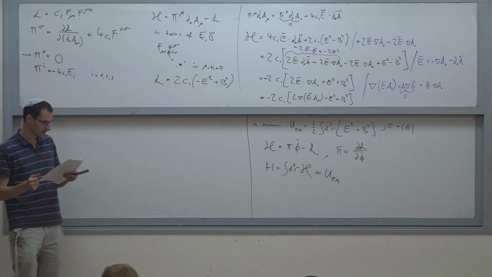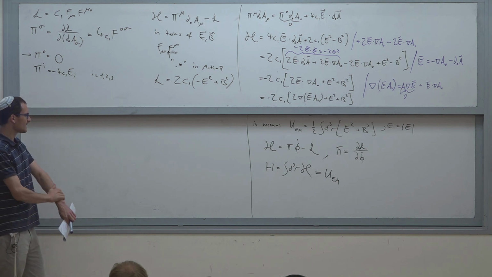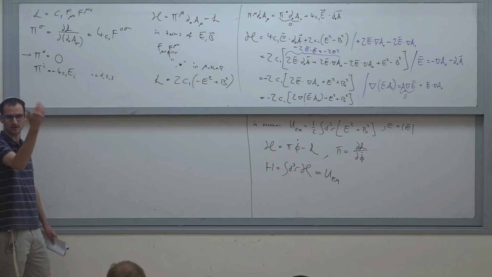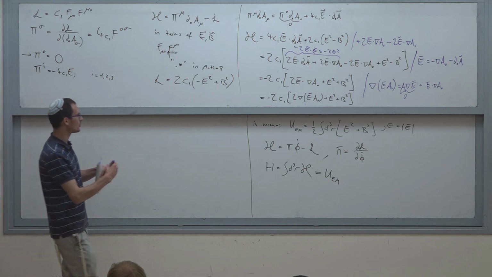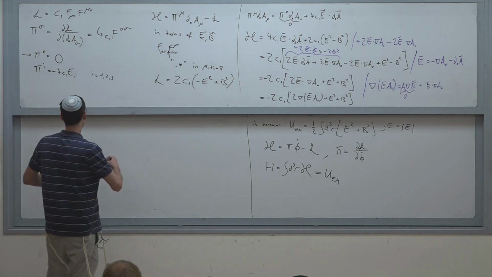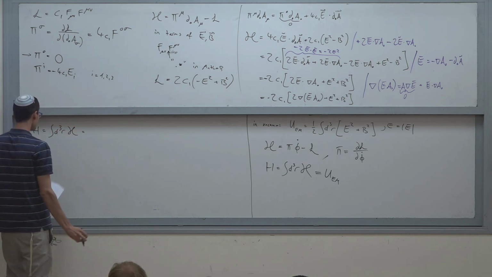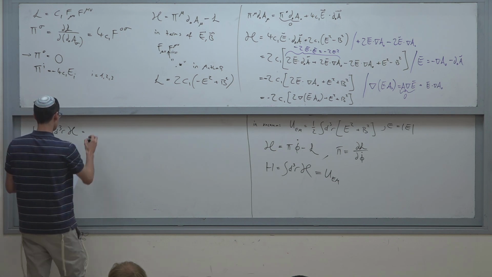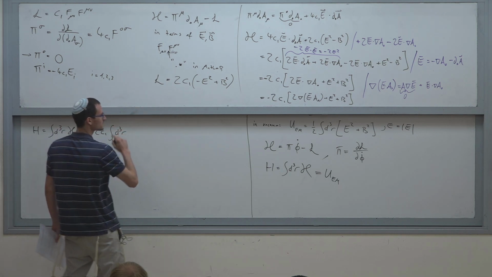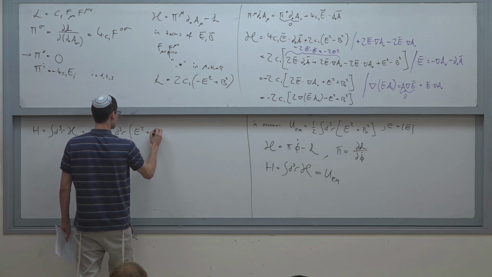This becomes what we know as a surface term, and it is equal to either 0 or a constant, which you choose to be 0. It's like shifting the energy by a constant. It has absolutely no consequence. So after you integrate over all of space, we're left with minus 2c1 integral d3r. The first term vanishes because it's the boundary term, and we're left with E squared plus B squared.